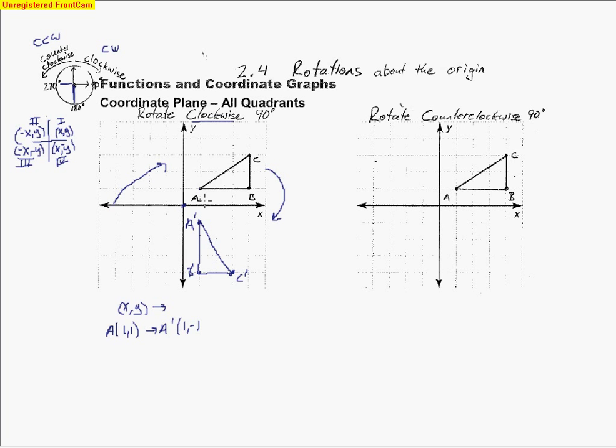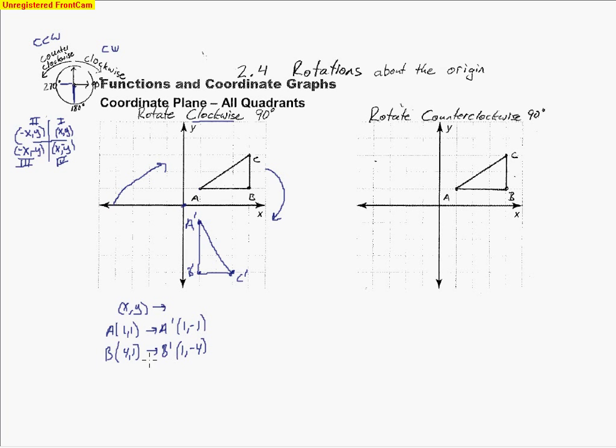So you can see how it rotated down into the fourth quadrant. B is at 4, 1, and where it goes, B ends up becoming 1, negative 4.